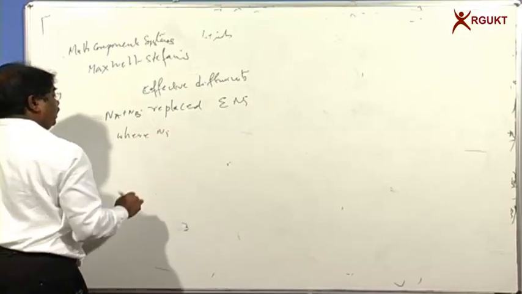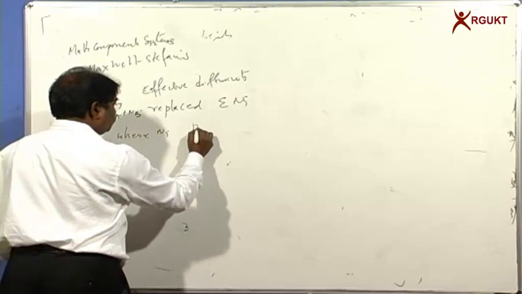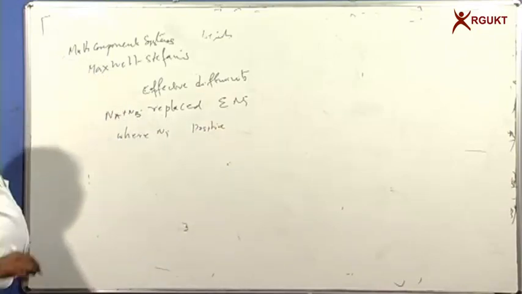Here Ni is the flux of component i, and it is taken as positive if it is flowing in the same direction in which A is flowing.